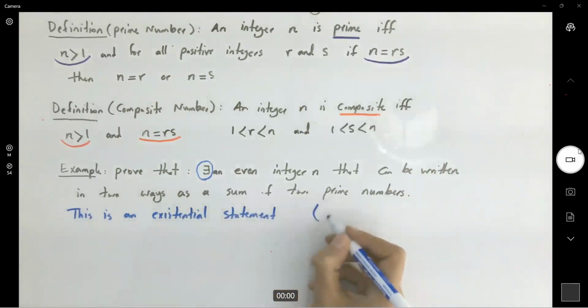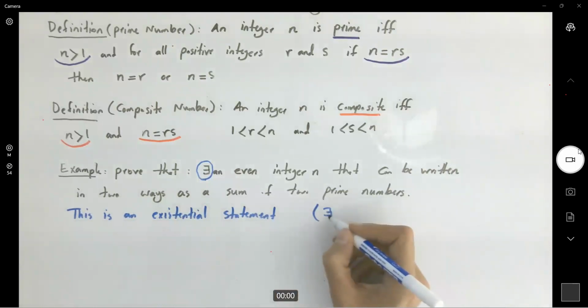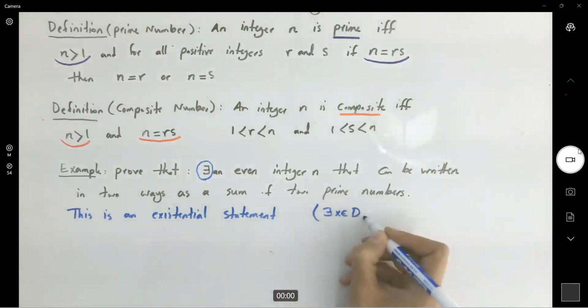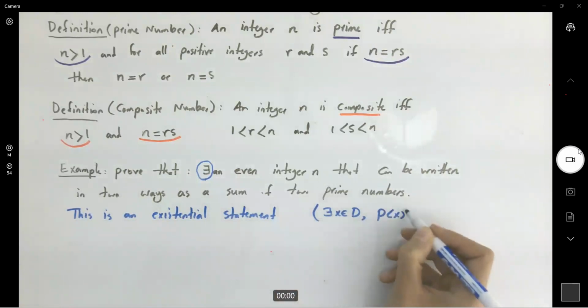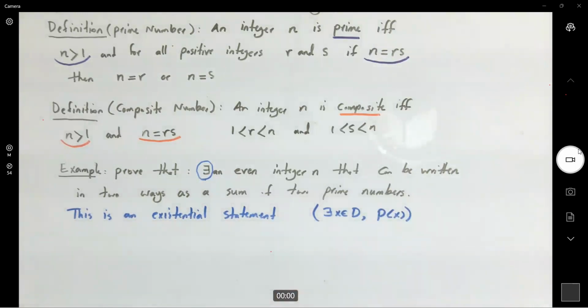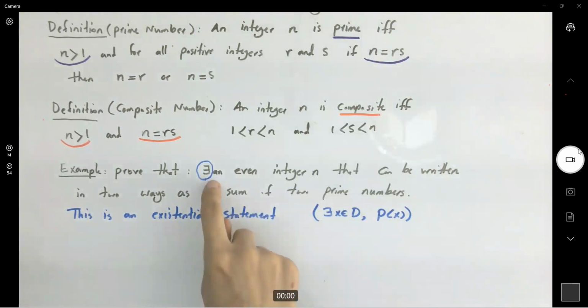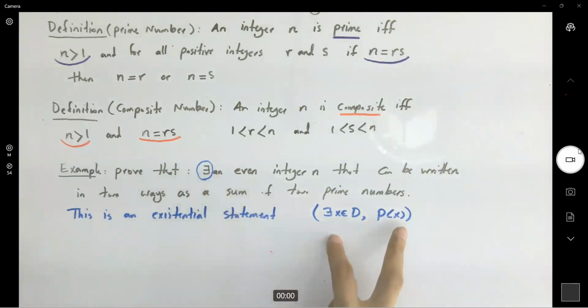Okay, an existential statement was defined this way. There is some x in domain D such that Px. To prove an existential statement, we only need one example. So as long as we have one example, we're done.